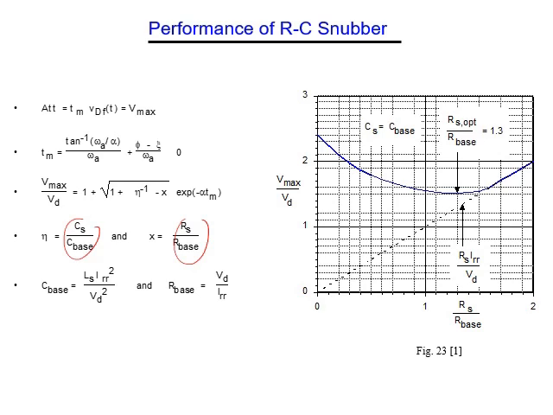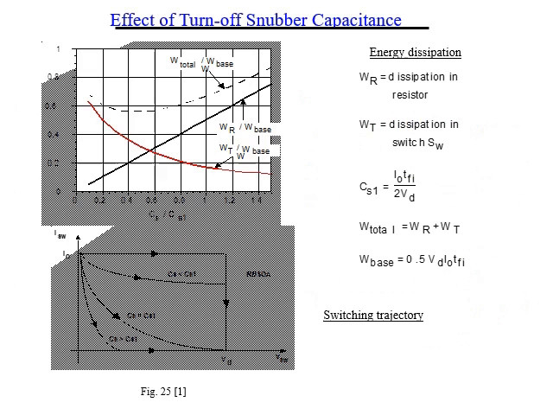Now the relationship between V_D max and R_s over R_b max, you see here: it is not only the capacitor which has an effect, the resistance also has an effect, and it changes the graph clearly. Also the losses: the power or energy dissipated in this circuit is partly dissipated in the resistance, partly in the capacitor, and there is also part in the switch itself.